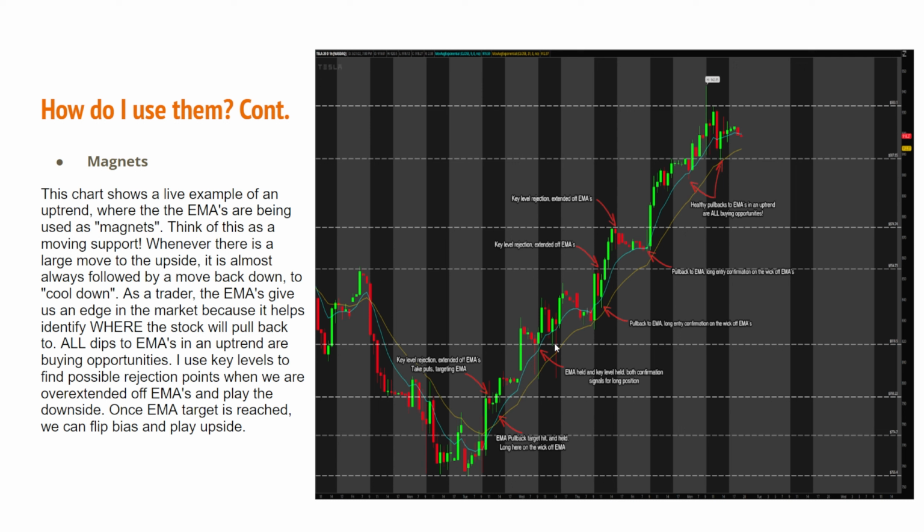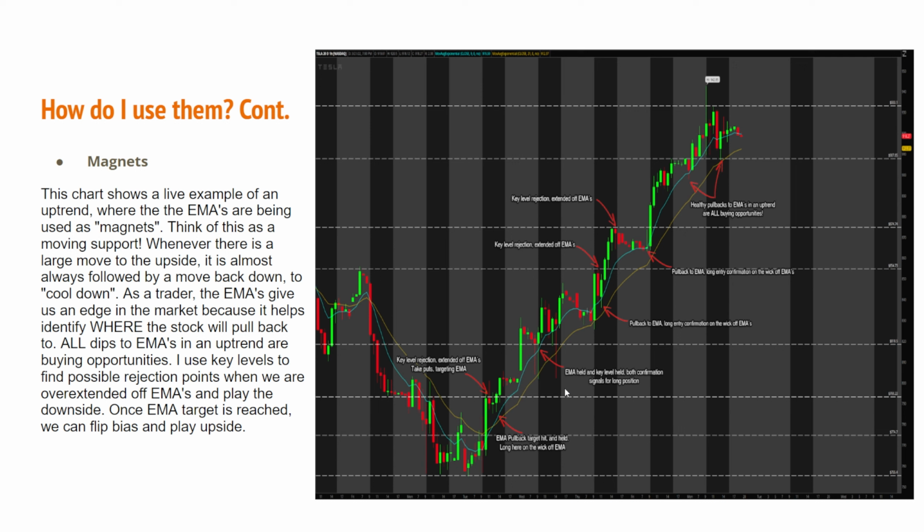I like them a lot more because they provide really good risk to reward ratios. So it's almost always a pretty high probability setup. You're going to have your stop losses right below your EMA. So if a candle holds below or closes below your EMA, that's your stop loss.